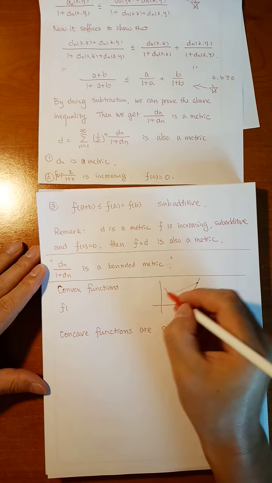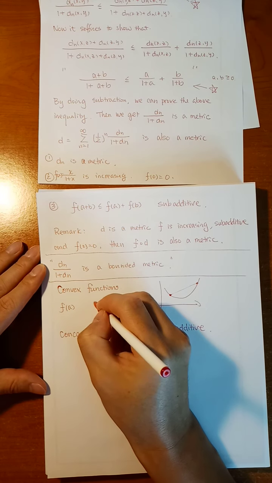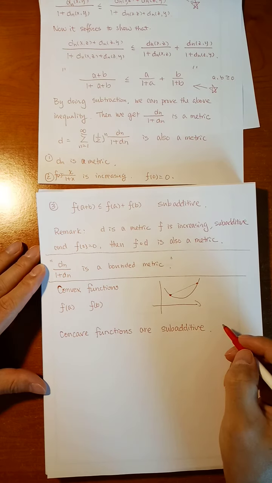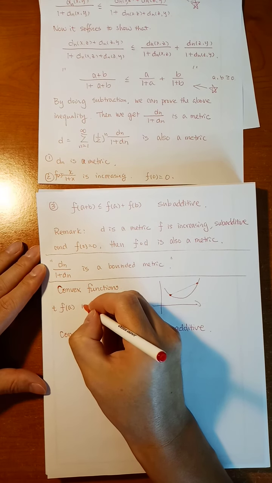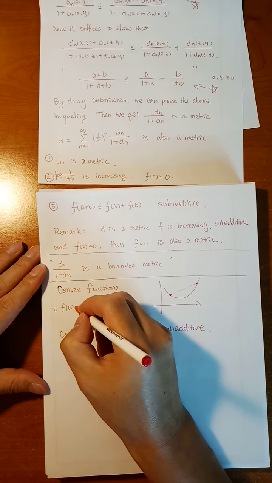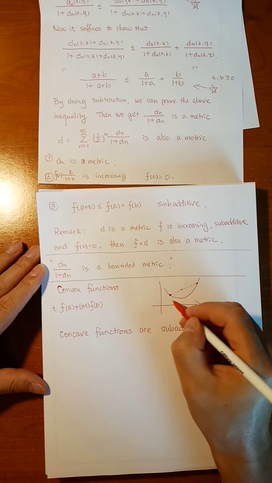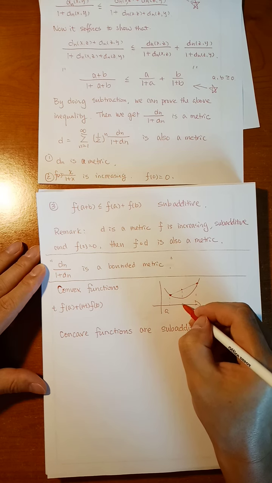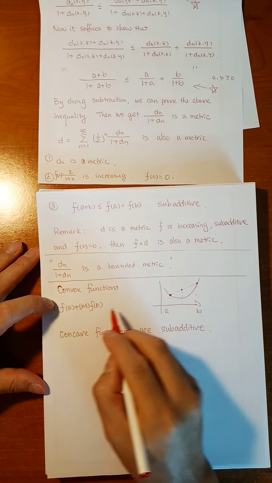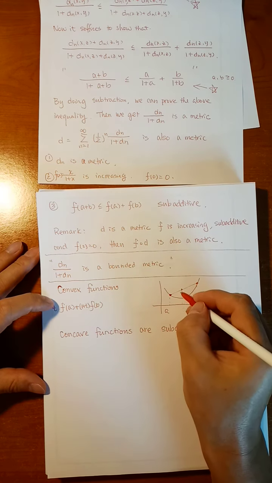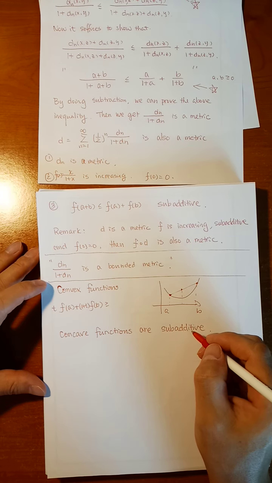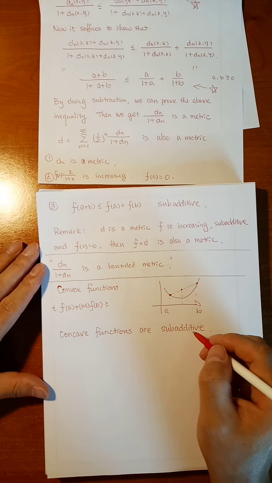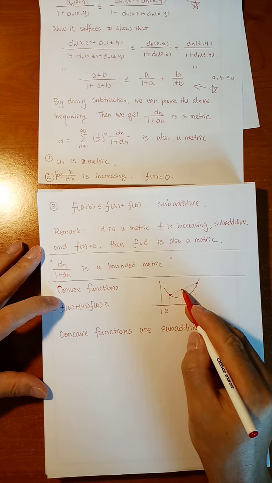You have f(a), f(b), and you have t and 1 minus t. This is a, this is b. t f(a) plus (1-t) f(b) is greater than or equal to f(ta + (1-t)b).